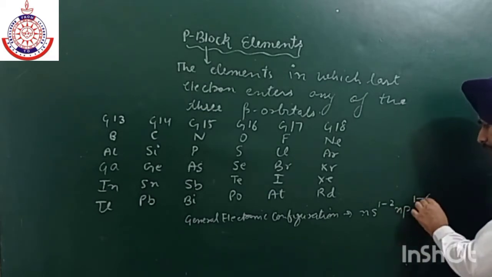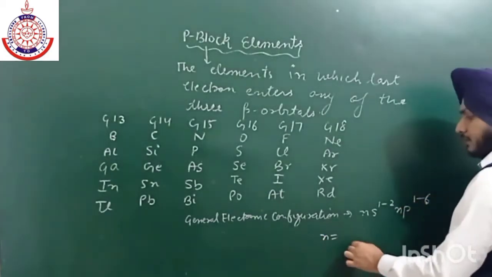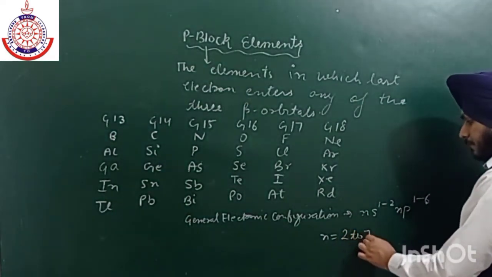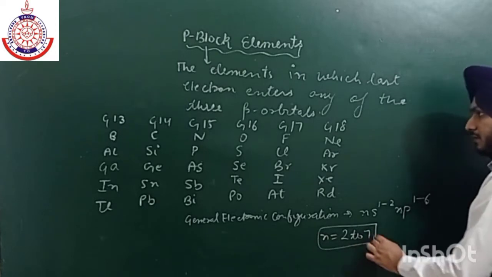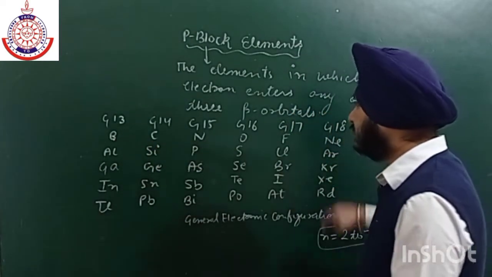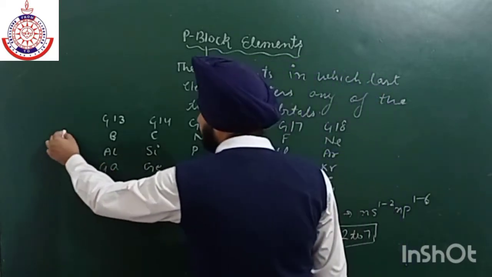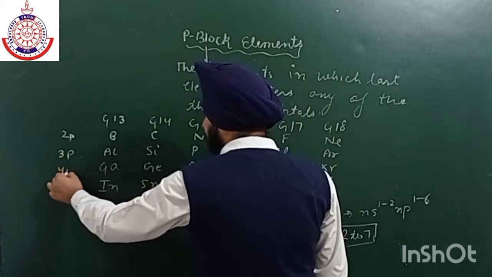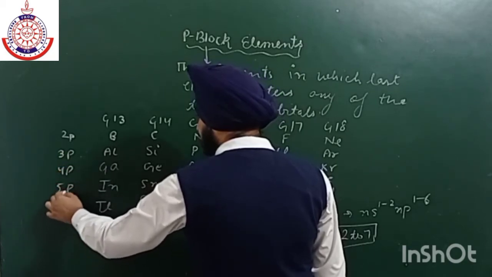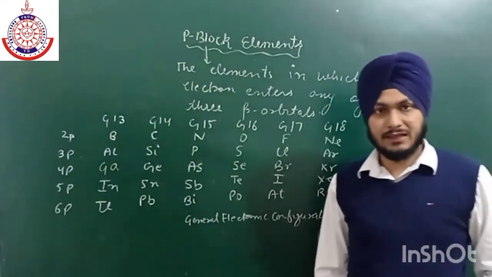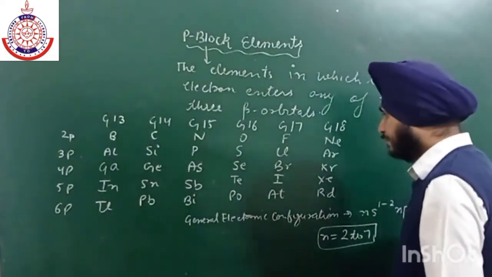The value of n is from 2 to 7. How is it from 2 to 7? Because these elements are in the 2p orbital, 3p, 4p, 5p, 6p, and then we have 7p, which are radioactive in nature.